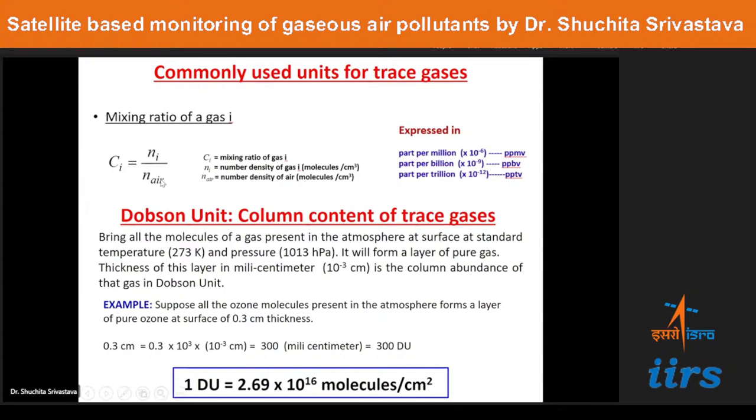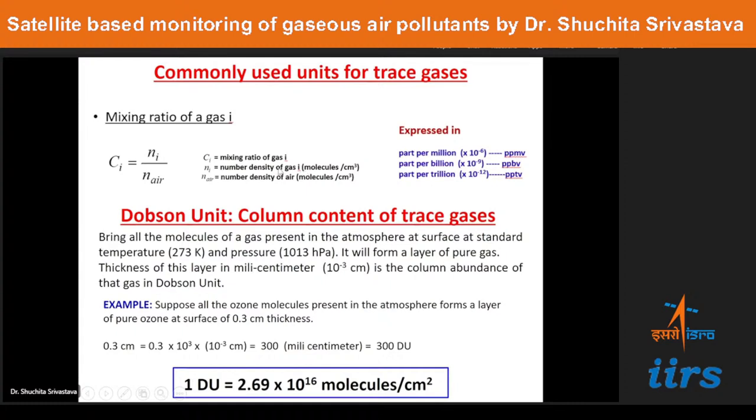Okay, so we know that nitrogen and oxygen are present in very large amount in our atmosphere. So this ratio will be very small number because number density of pollutant gases are very small. So this ratio will be very small and it will be a unitless quantity.